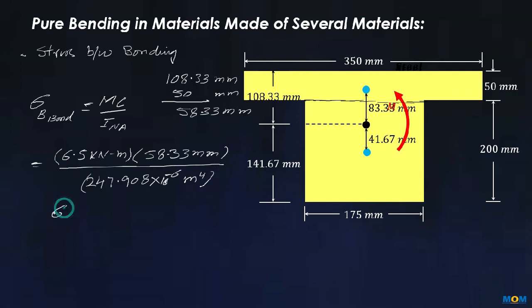So at the bond, for the case of brass, the value comes out to be 1.529 megapascal.